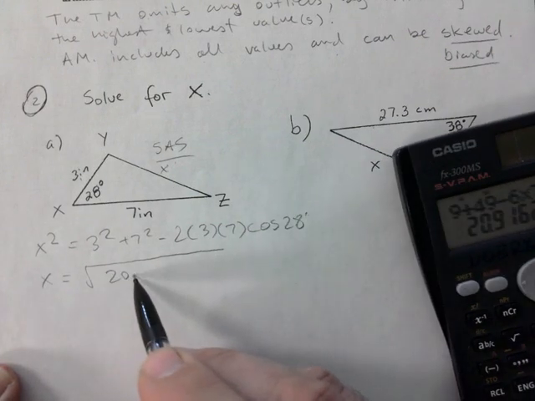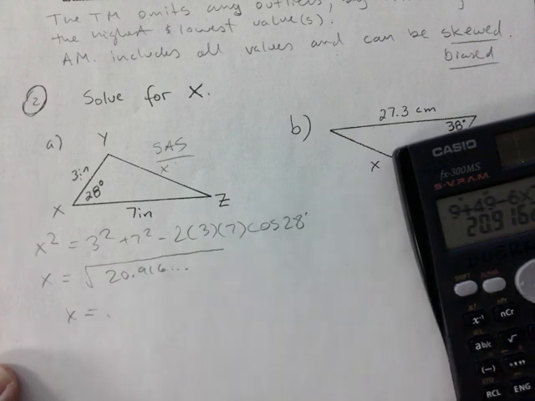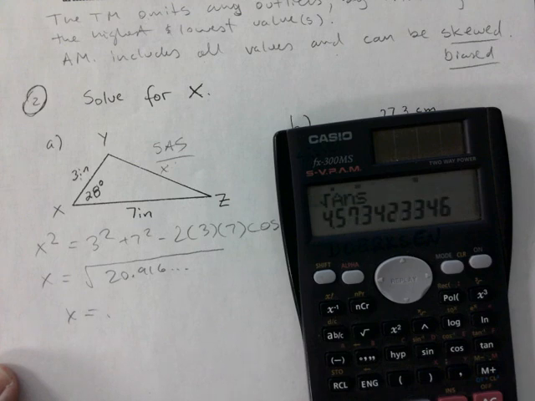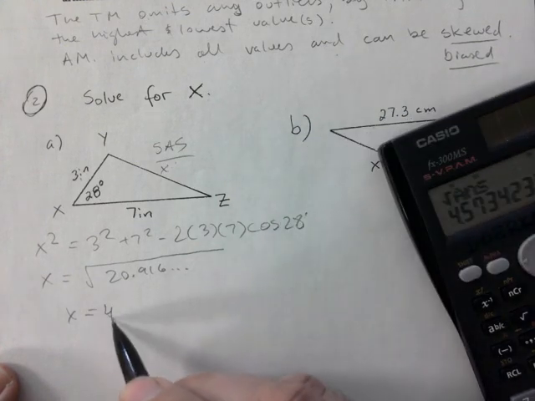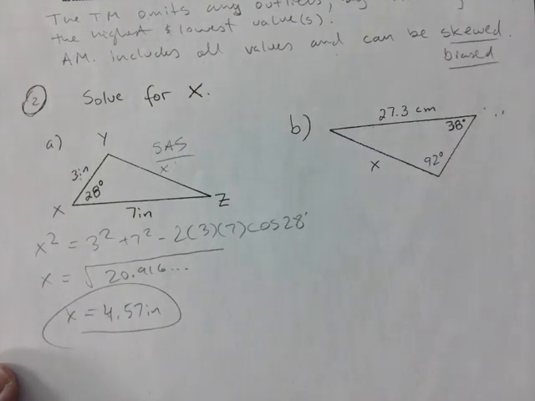That's 20.916, and we use all decimals. And so taking the square root of my answer is 4.57 inches. There may be 1 or 2 trig questions in there, so just know how to do basic trig.